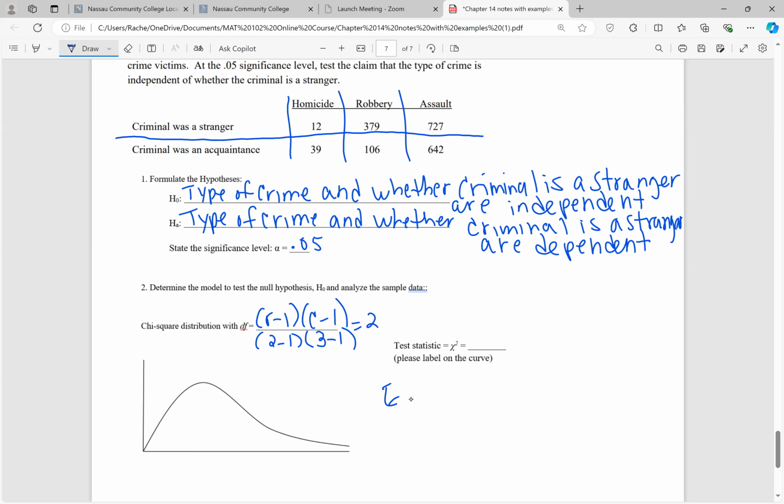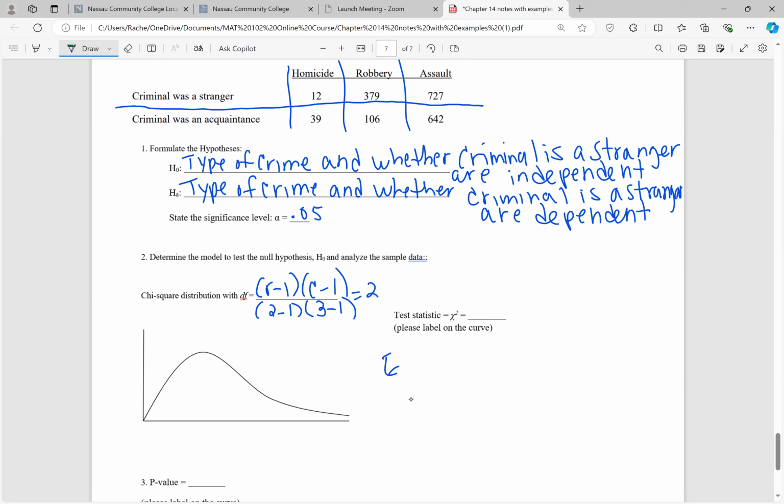So let's go ahead and do that now. And if you'd like, you could even pause and enter this contingency table above into a matrix in your calculator. And I'm going to do the same thing as well.